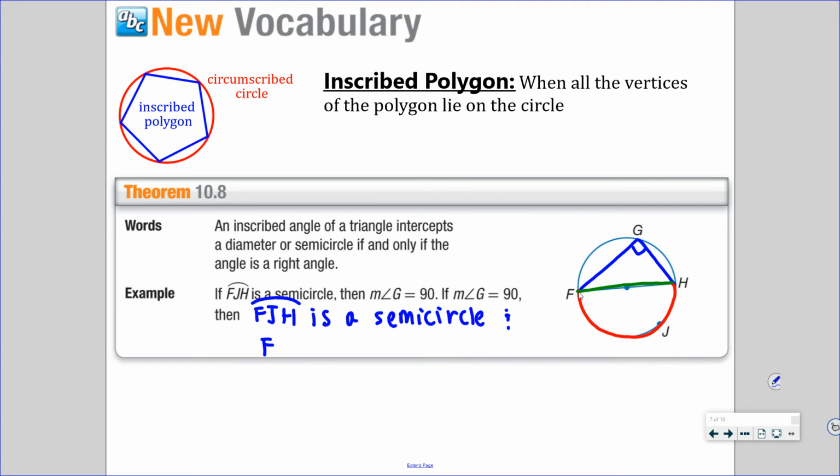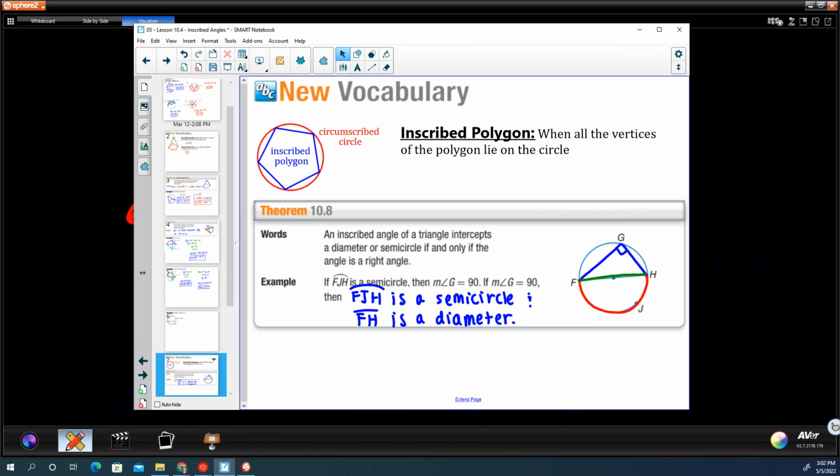And if I were to connect those segments, FH will be a diameter. So the only way we can form a right inscribed triangle is if one of the side lengths is a diameter. It's kind of another way of thinking about this. Here's my visual for this one on Desmos.